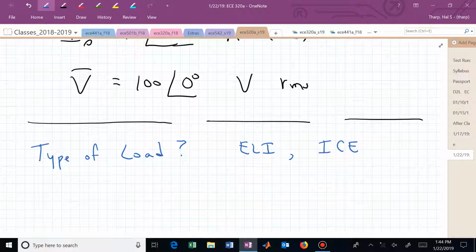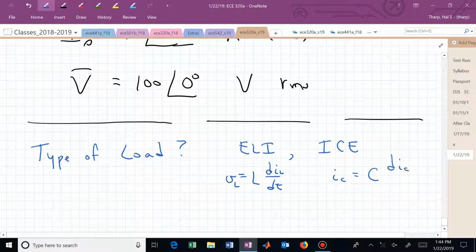The source now is a voltage of 100 at a current of 10 in magnitude. Eli says V is equal to L di dt. That's the current and voltage of the inductor, and I says that I sub C is equal to C dV sub C dt.